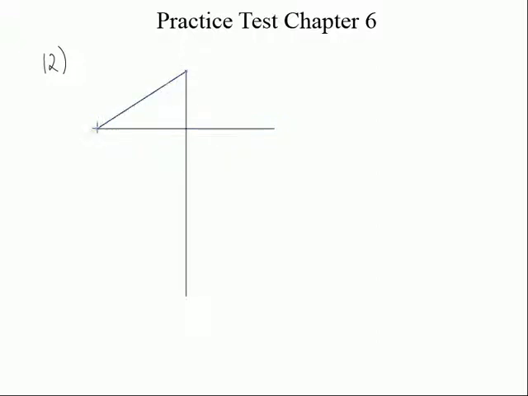Let's make this. And let's go from here to here. Looks like a kite, doesn't it? Oops, maybe. You get the idea. It's close enough. And they say that this is 3 and this is 4.